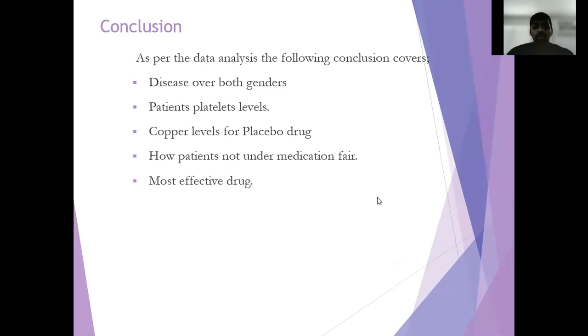Also, D-penicillamine gives patients a long life before reaching stage 4 of the disease, and the patients not under any medication reach the end of the disease within the first 1500 days. So the most effective drug is D-penicillamine, which gives the longest life before reaching stage 4 of the disease.